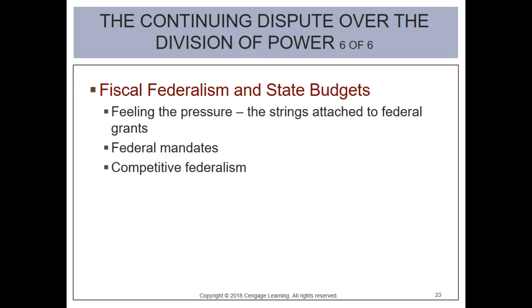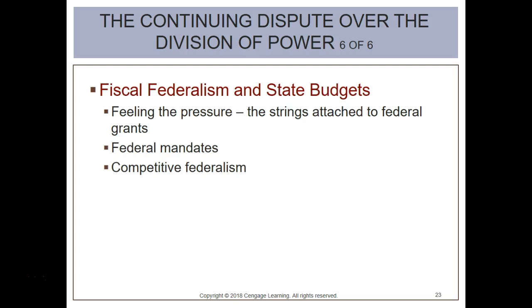In other words, there are a lot of strings attached. And what the word fiscal means simply is revenues and expenditures. It can be at a government level or it can be at a private level. That's why you hear the word fiscal year. That has a lot to do with taxes and things of that nature.